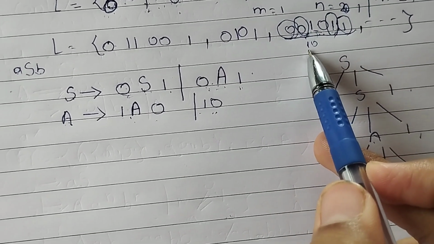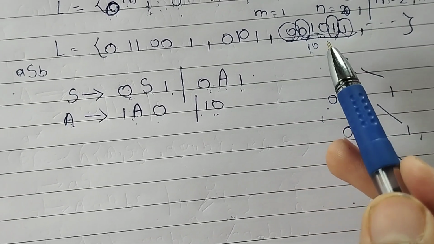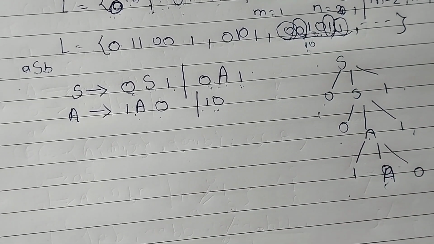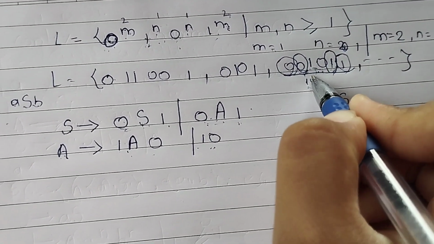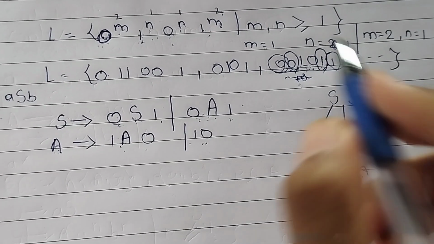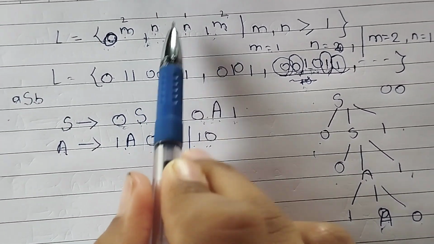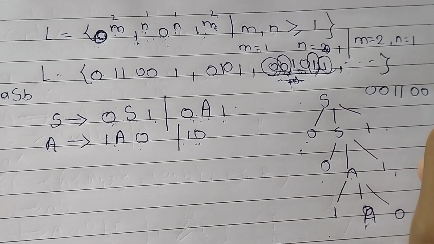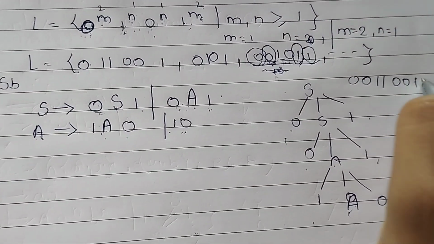So now this time I complete this 1 and 0. Now again I want to read 1 and 0. So here the production looks like this: 0 0, then 1 raised to 2, then 0 raised to 2. So 1 1 0 0, and this m is already my 2. So 1 1.